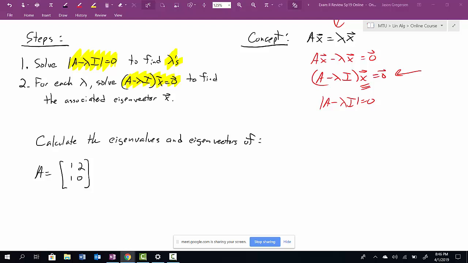Twelve students, 2 responses so far. Calculating the eigenvalues and eigenvectors.